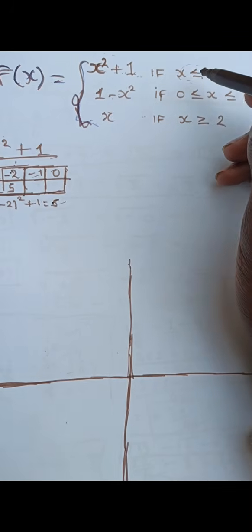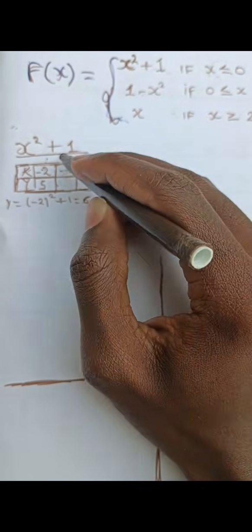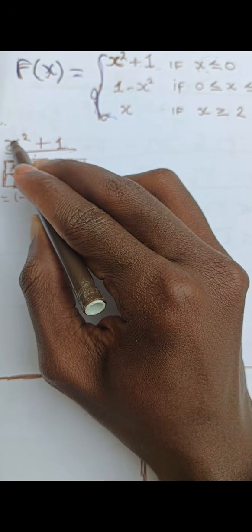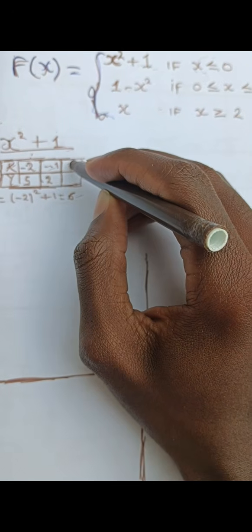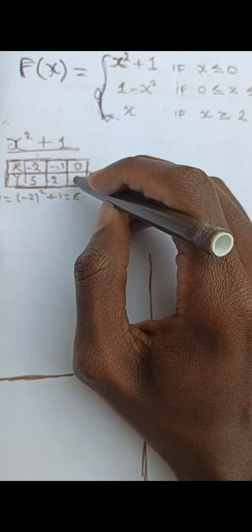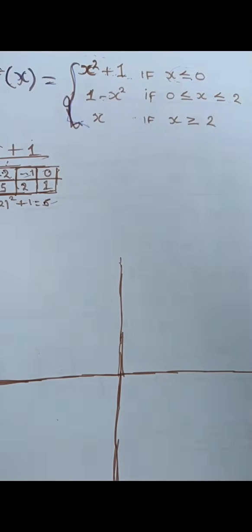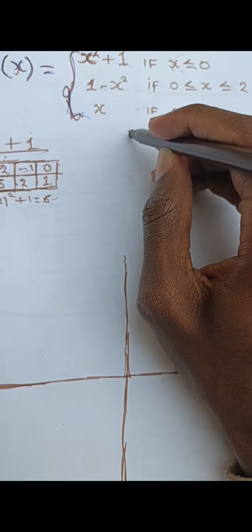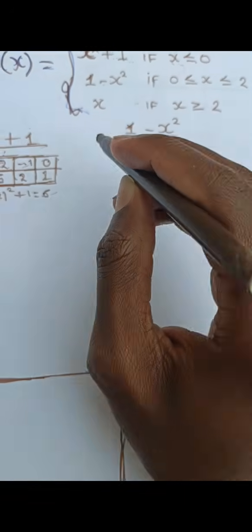What helps you to know the value of x is the condition given here. So we come to -1. If I put -1 here on x, I'm going to end up with +1 plus 1. That's going to be 2. And here we have 0. If I put 0 here, I'm going to end up with 1. So we've come up with the table of values for the first function. So let's also come up with a table of values for this one, y is minus x power 2, like this.